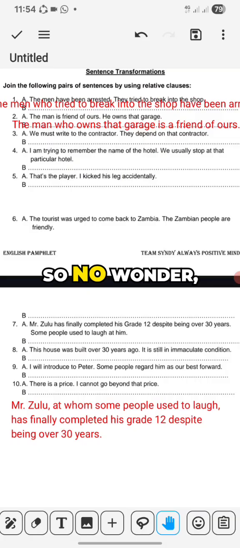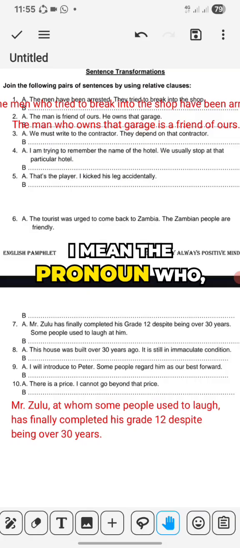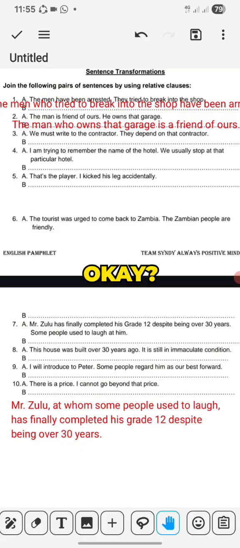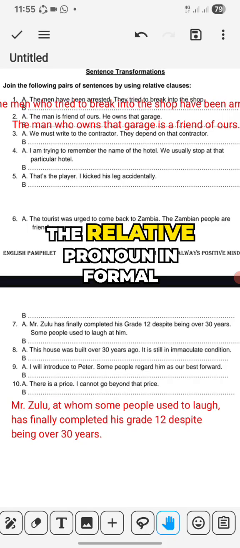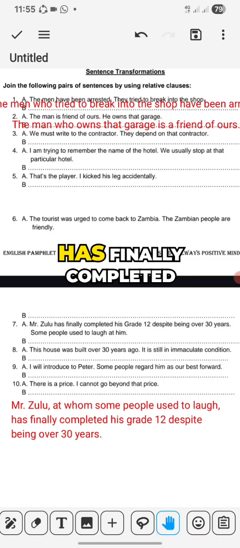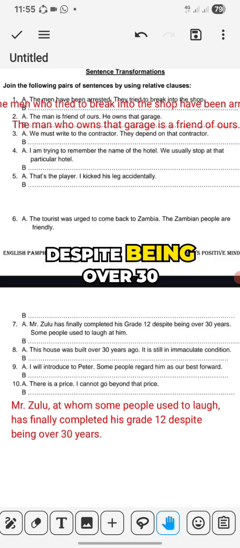So no wonder we did not use the pronoun who; instead we've used whom, because whom is used when we are referring to an object. The preposition at is usually written before the relative pronoun in formal writing. It's also okay to say Mr. Zulu, whom some people used to laugh at, has finally completed grade 12 despite being over 30 years. It's still okay, but in formal writing, the preposition goes first.